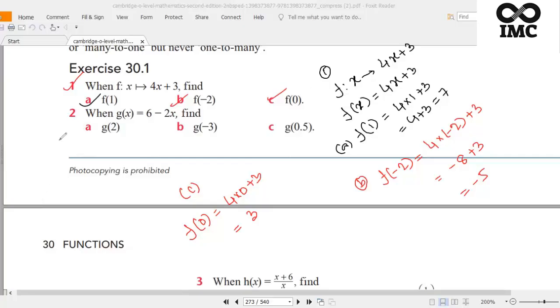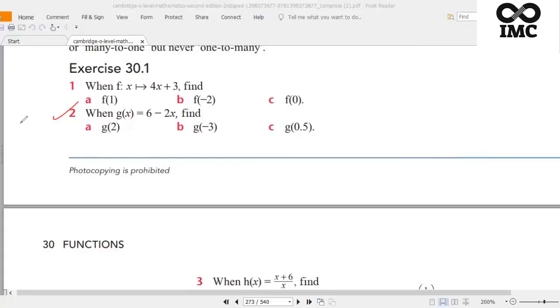Now, let's start question number 2. Question number 2 says, when g of x equal to 6 minus 2x, find g of 2. So here g of x equal to 6 minus 2x. Then g of 2, question number A, will be 6 minus 2. Instead of x, we will put 2. Okay.